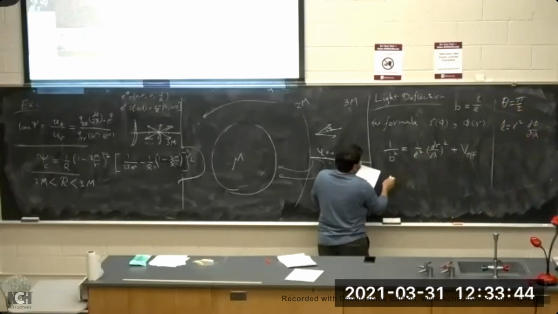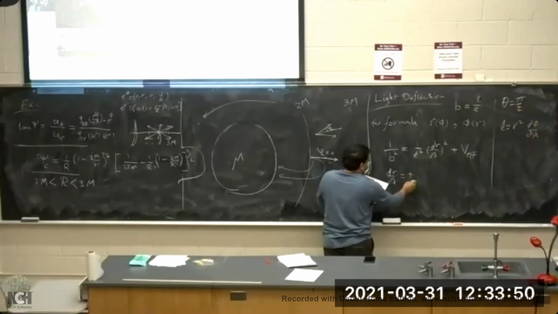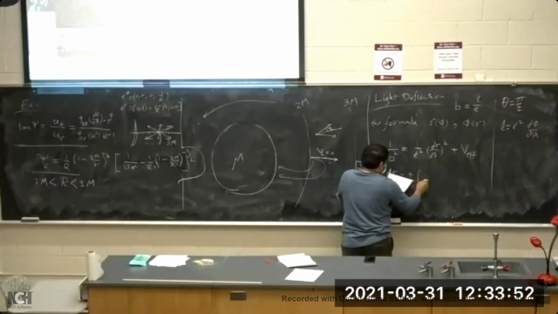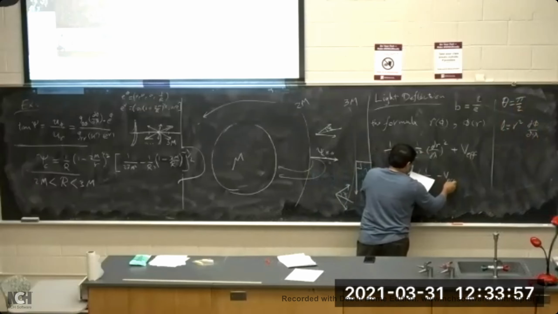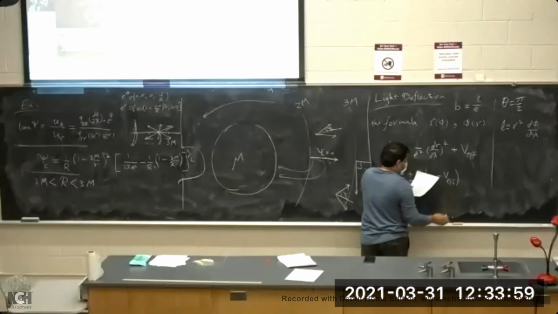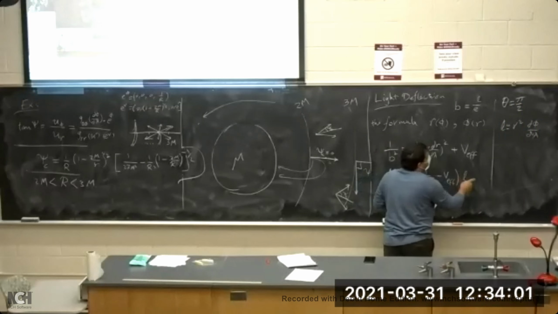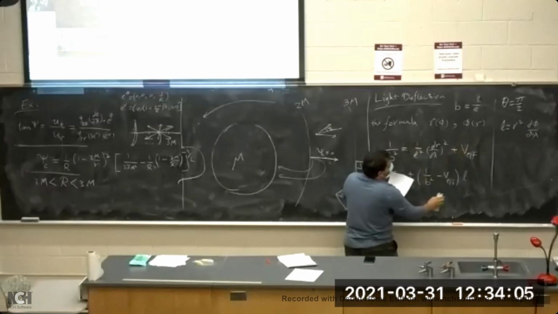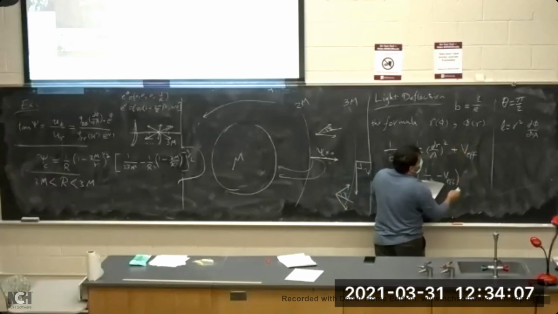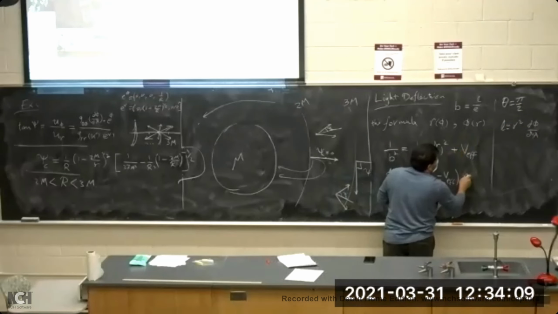Simply, we need to organize this: dr by d lambda is equal to plus or minus square root of 1 over B squared minus V effective, multiplied by L. But L is equal to R squared d phi by d lambda.